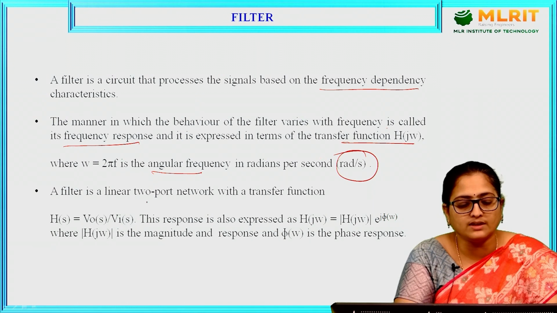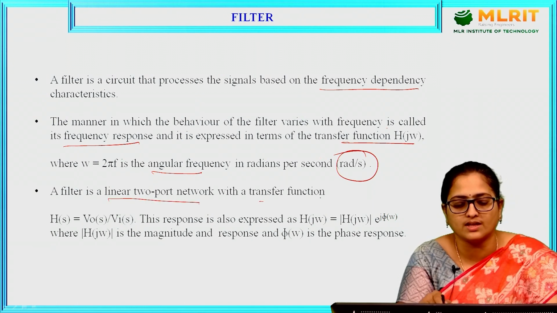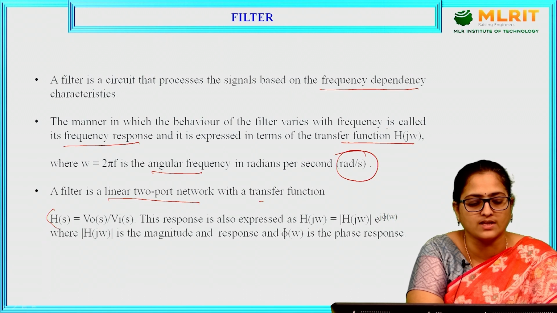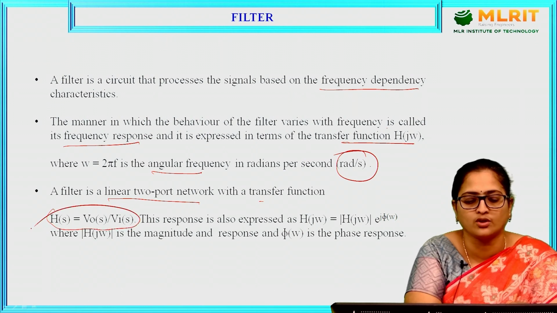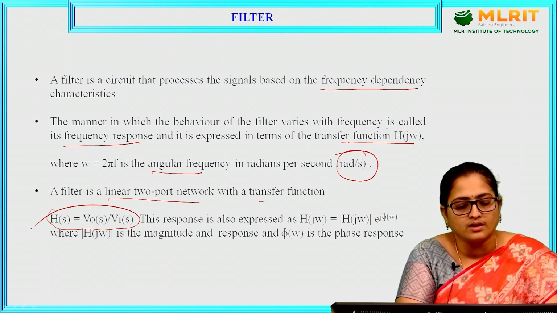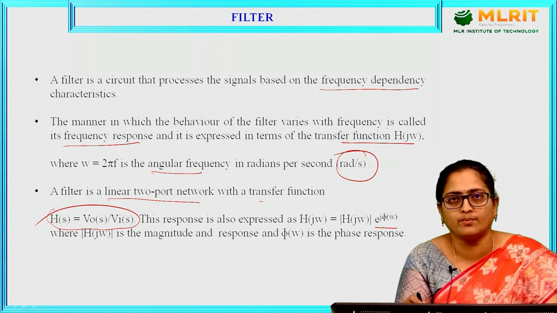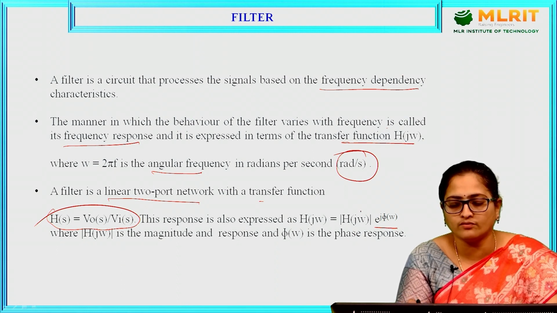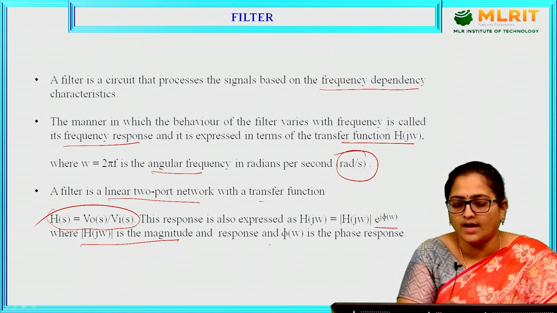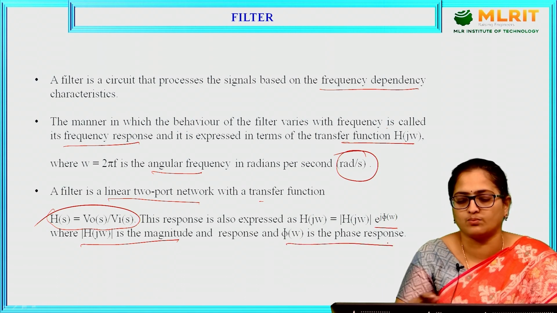A filter is a linear two-port network with a transfer function H(s) given as the ratio of Vo(s) by Vi(s). In terms of frequency response, H(j omega) equals the magnitude of H(j omega) times e to the power j phi(omega), where |H(j omega)| is the magnitude and phi(omega) is the phase response.